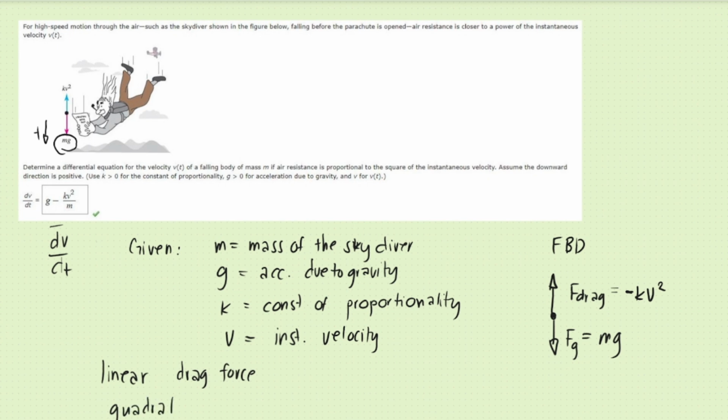In this case, we have a quadratic drag force. The linear drag force occurs when the object is traveling at low speeds, for example dust particles in air, or objects moving through highly viscous fluids.